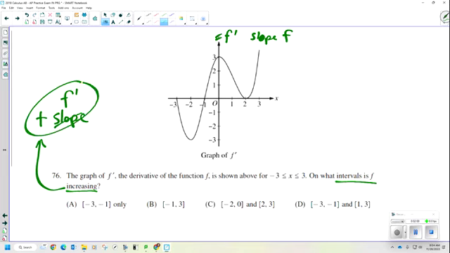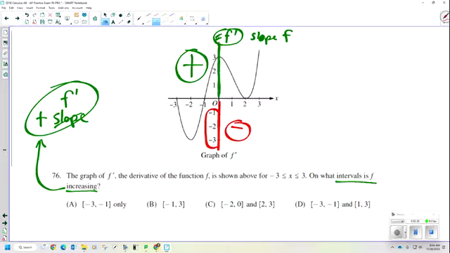So anytime my first derivative is positive, keep in mind the y value is the first derivative. Anything above the x-axis is considered positive. Anything below the x-axis is considered negative. How come? Because I have positive y values above the x-axis and negative y values, you see them right here, below the x-axis.